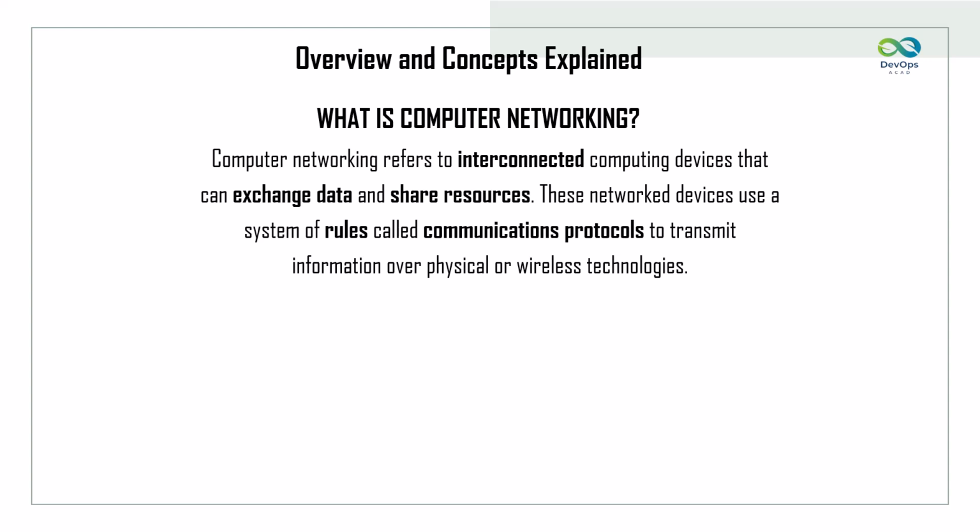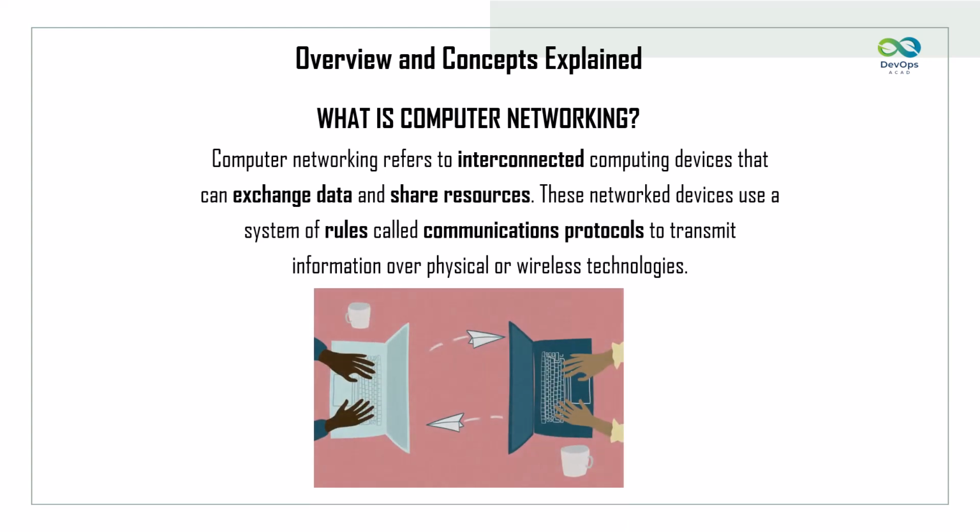Now, how do these computers do these things? You have two computers and they want to communicate and share resources. How does that happen? This happens because there is a set of rules called communication protocols that have been put in place that allow these devices to transmit information over a physical medium or a wireless medium, which means your devices can either be connected using a cable or through a wireless medium.